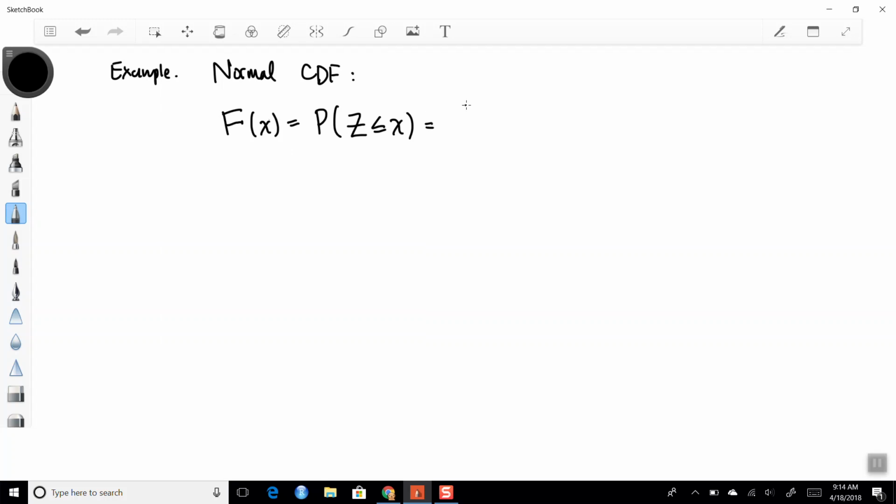We define this as the integral going from negative infinity to x of the normal PDF, so it's 1 over root 2 pi e to the negative t squared over 2 dt, so that we can keep this in terms of x. All right, so the normal CDF has no closed form expression.